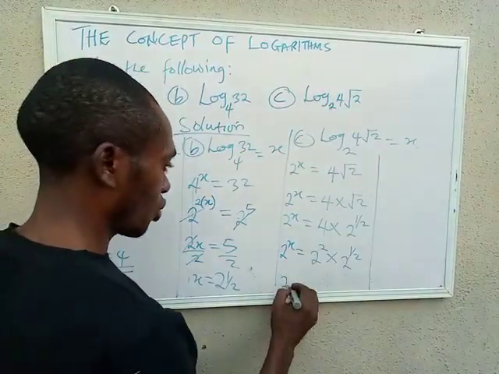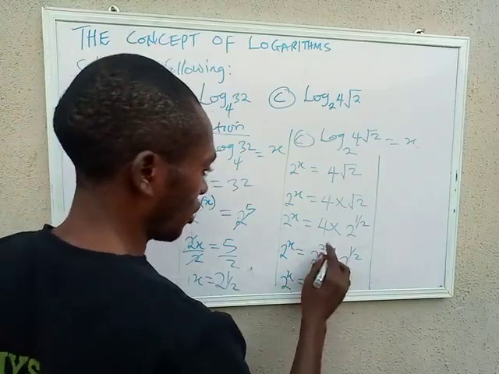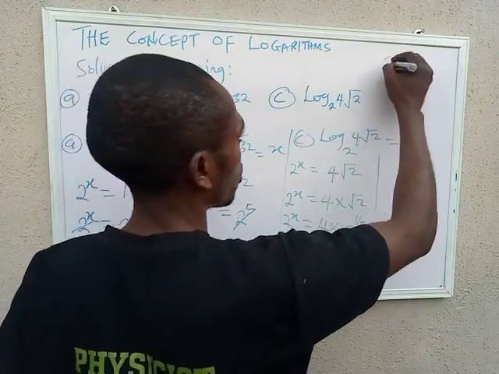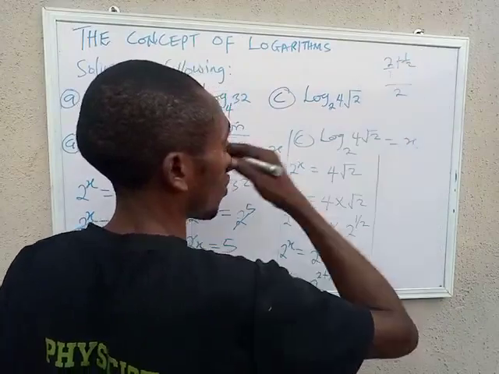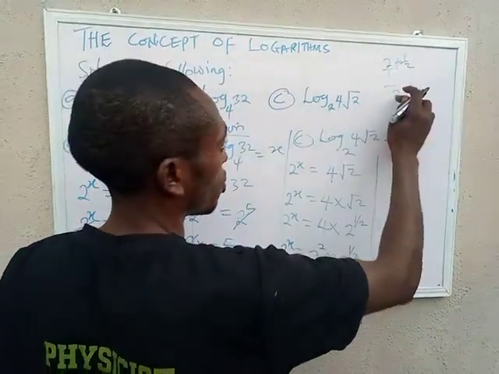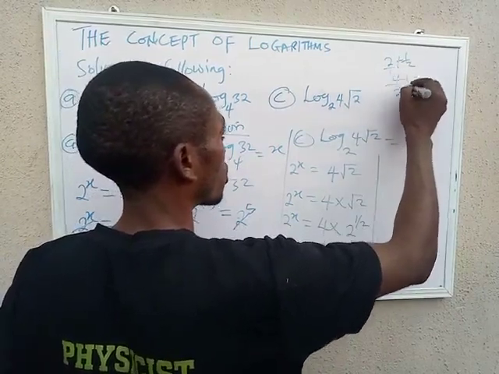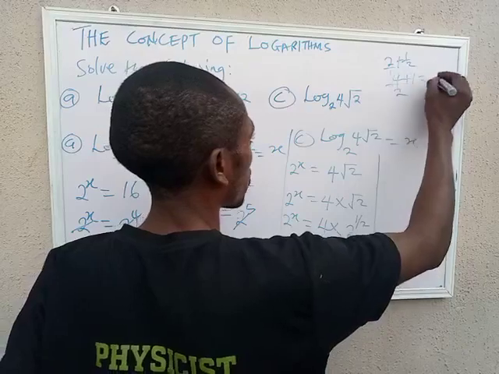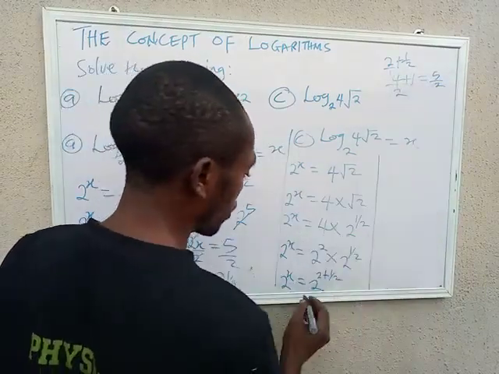So I have 2 raised to the power of x equals 2 raised to the power of 2 plus half. Put the 2 over 1. The LCM of 1 and 2 is 2. 2 divided by 1 is 2, 2 times 2 is 4, plus 2 divided by 2 is 1, 1 times 1 is 1. So I have 4 plus 1 is 5 over 2.